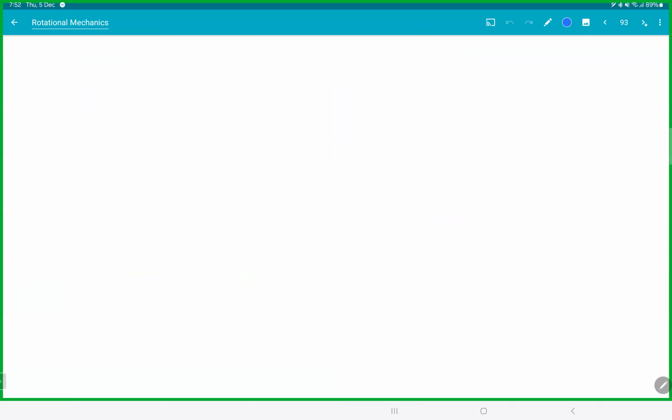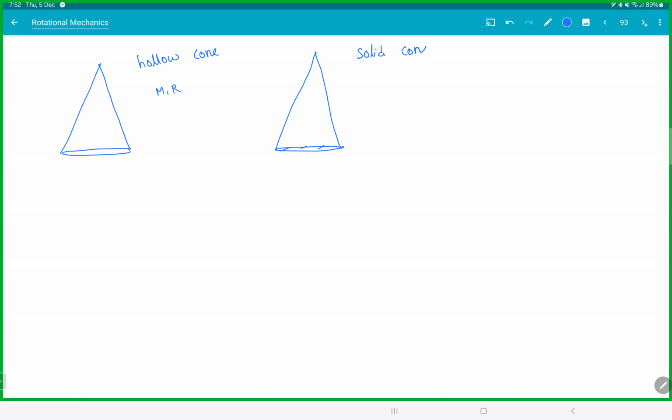And then we have some non-standard shapes also. These are not standard results, but can be derived. Hollow cone. Solid cone.